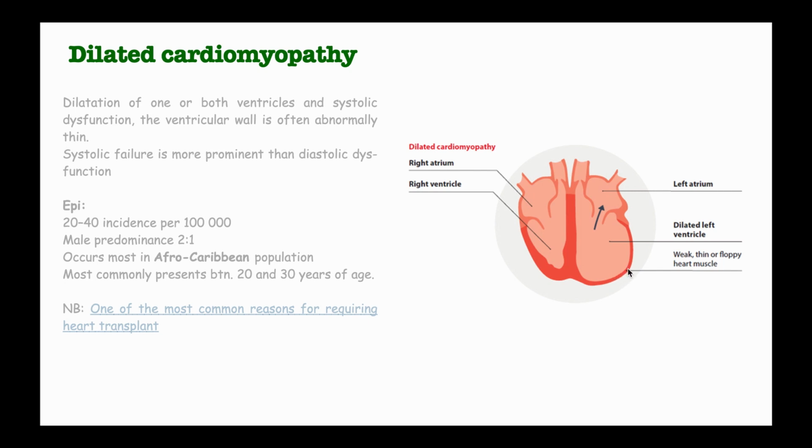You can compare the walls of the left ventricle to the walls of the right ventricle, and you can see that the left ventricular walls are thinned out. So they are weak, they look thin, and they look floppy, and so they cannot contract. This is the main problem that we find in dilated cardiomyopathy.